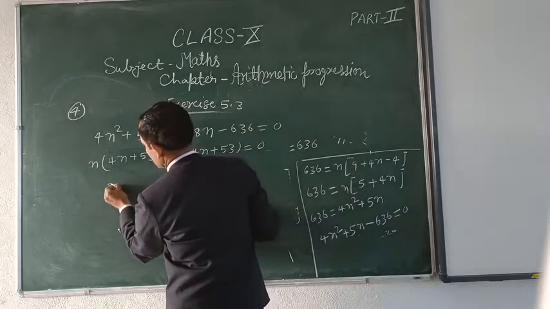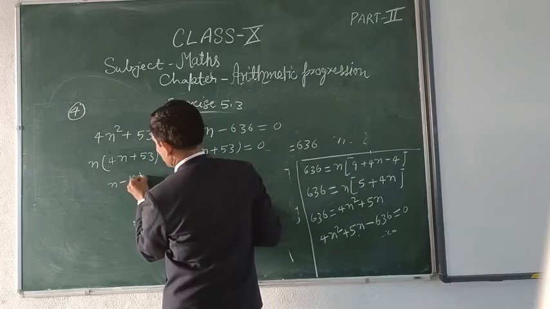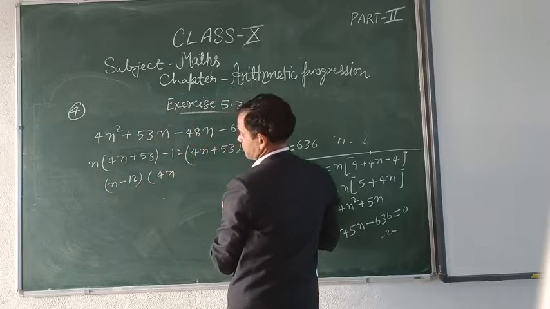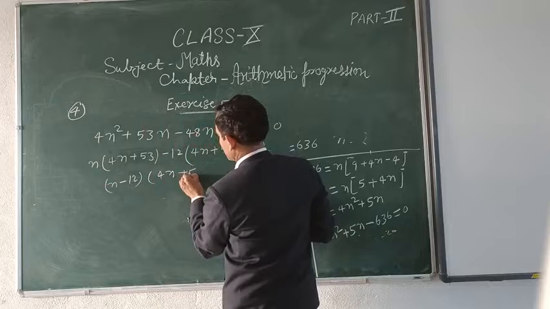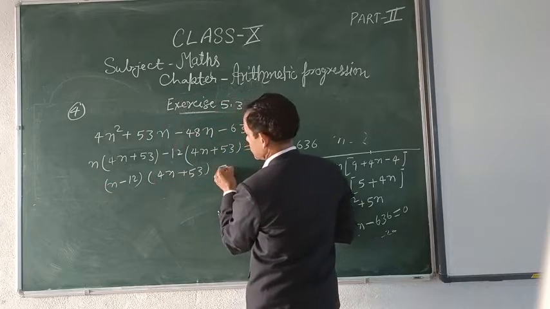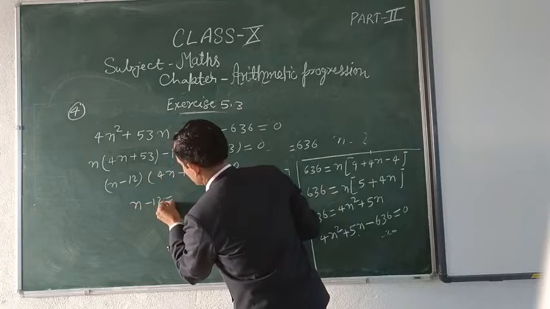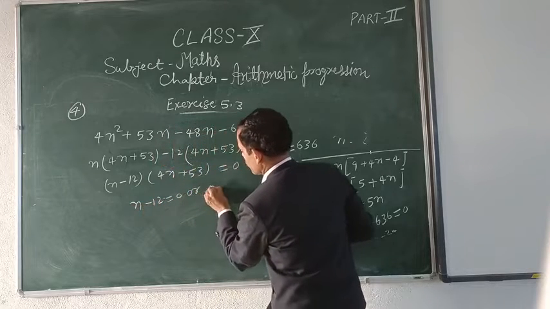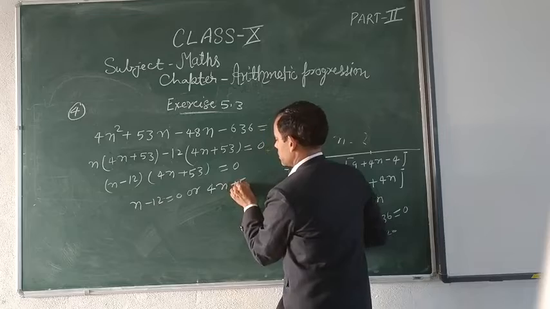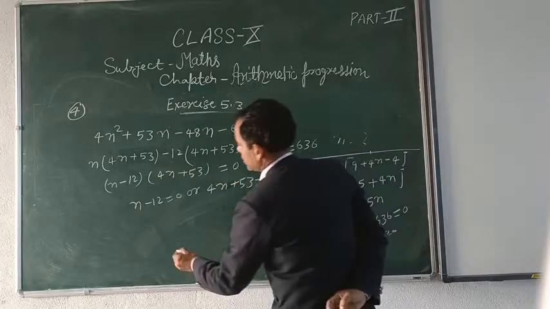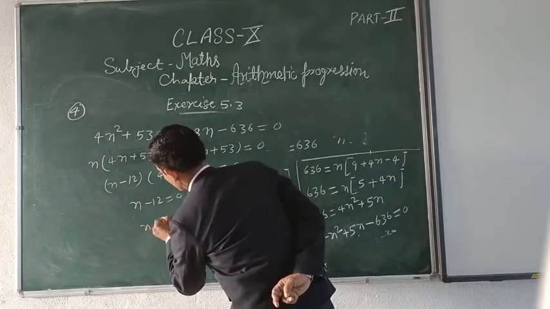Then it will be n minus 12 and 4n plus 53 equal to 0. Then clearly n minus 12 equal to 0, or 4n plus 53 equal to 0. Clearly n equal to 12.